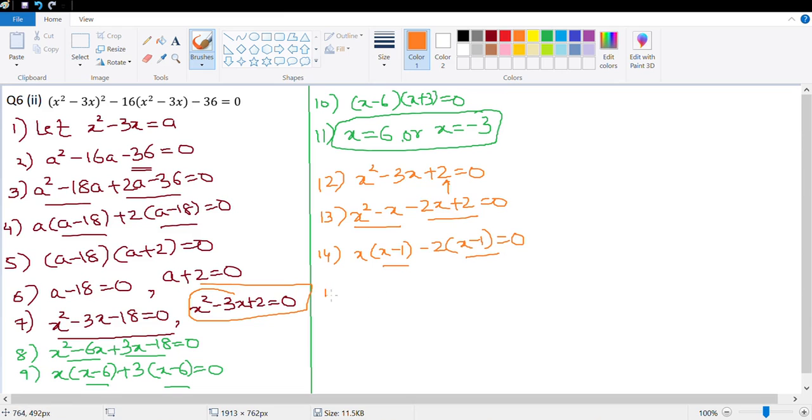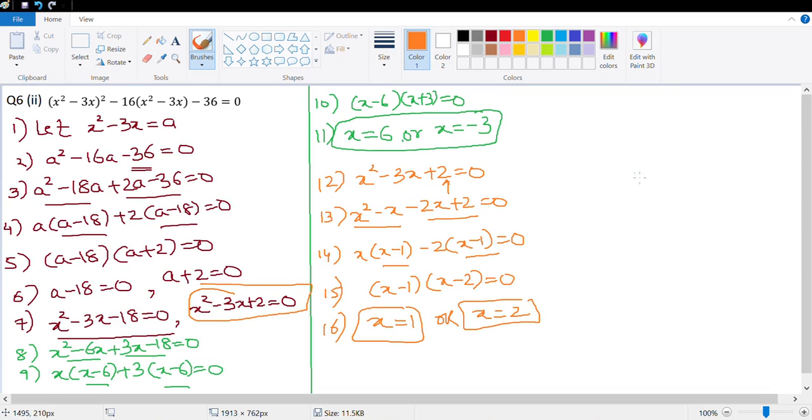X minus 1 is common. So x minus 1 times x minus 2 is equal to 0, which means x is equal to 1 or x is equal to 2. So we have 4 solutions, which means x is equal to 1, 2, negative 3 or 6.